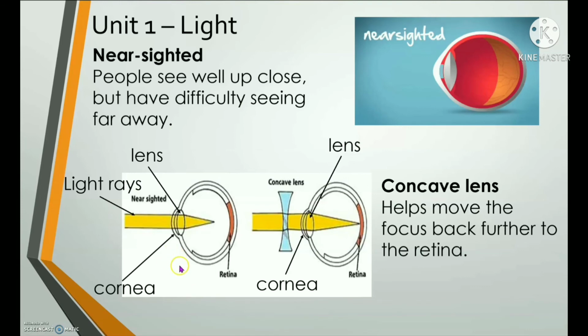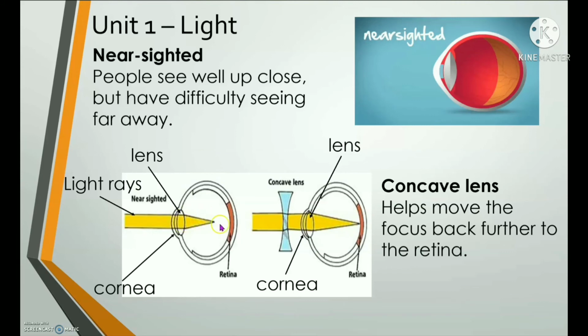So this is a nearsighted eye. The cornea is curved. So when the light rays enter the lens of this person, it is converged at this focal point. The light focuses in front of the retina, which causes the image to be blurry when it's far away.